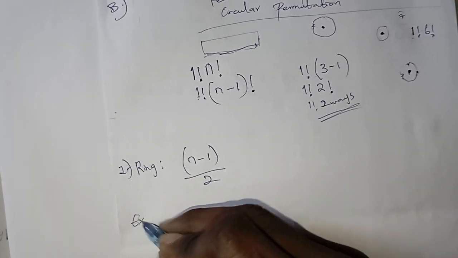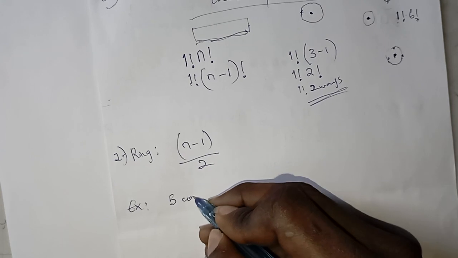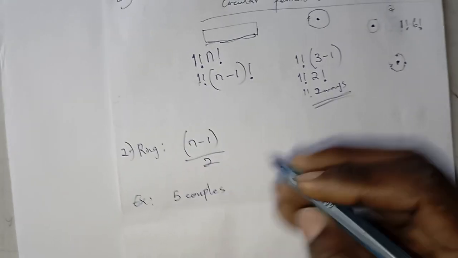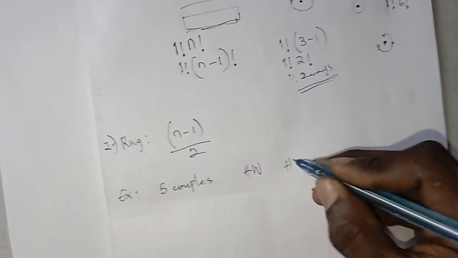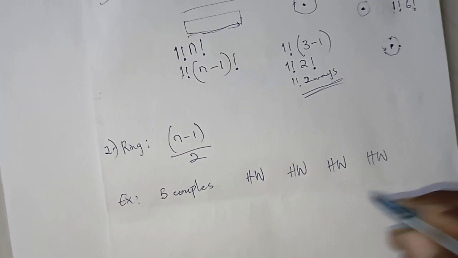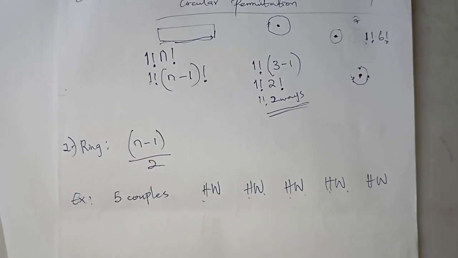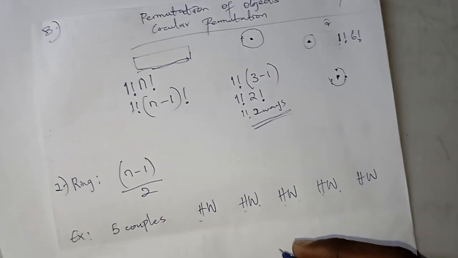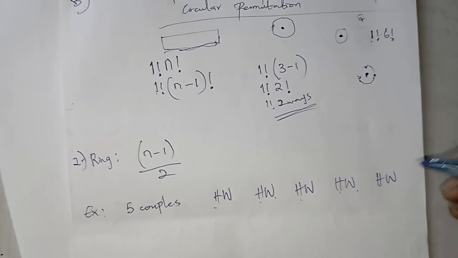So example, in how many ways can 5 couples be seated on a round bench? First of all, 5 couples means we have husband, we have wife. Husband, wife. Husband, wife. Husband, wife. How many people? 1, 2, 3, 4, 5, 6, 7, 8, 9, 10. This is what gives you a couple. So you simply say this is 10 people instead of 10 couples.